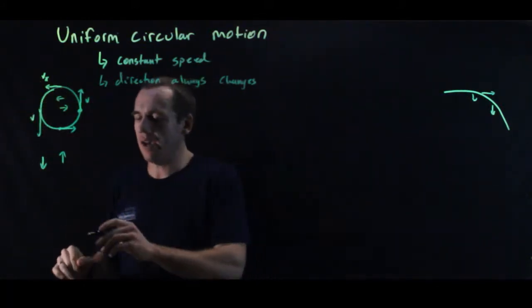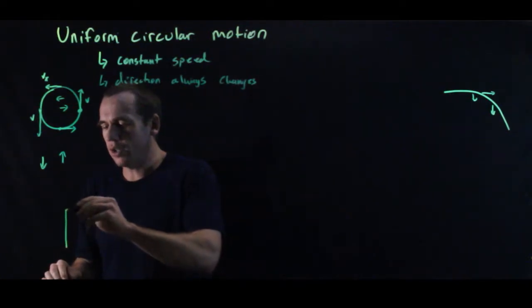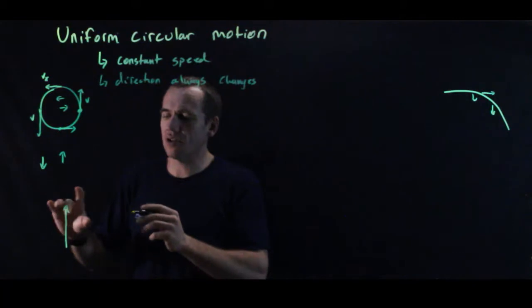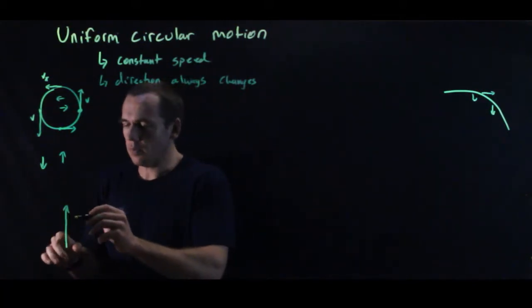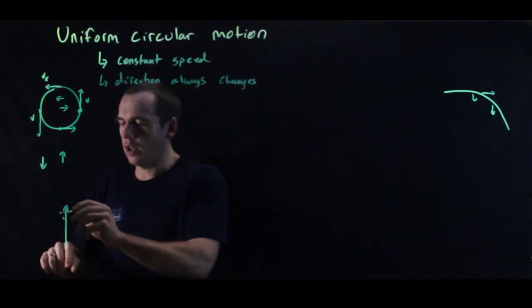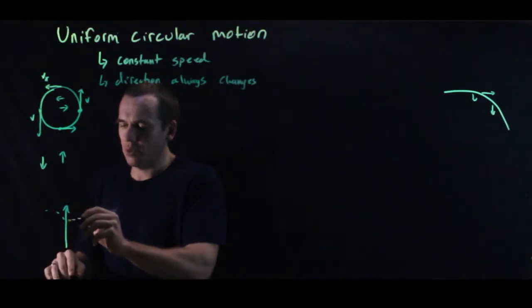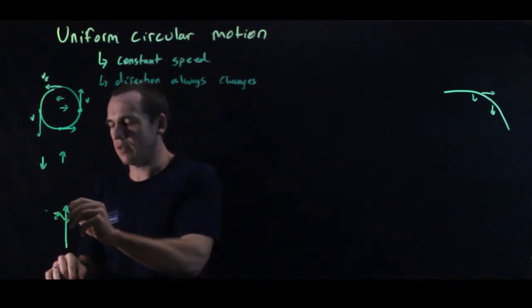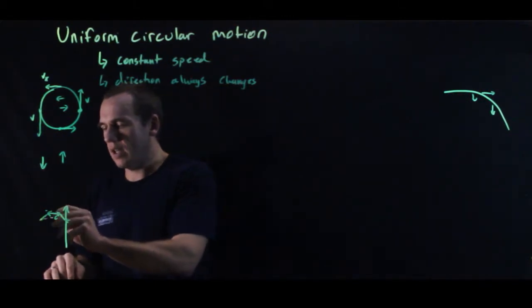Now, to do that, think about a marble rolling along a straight path along the ground. If you wanted that marble to move in a circle, what would you do? Well, if you wanted it to curve along this path, you would give it a push when it was here to the left, and now it's moving this way. And so you would give it another push to the left, and so now it's moving this way. And you would give it another push to the left.